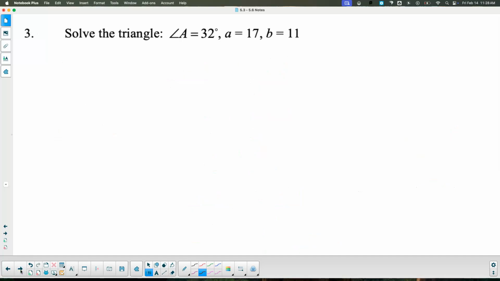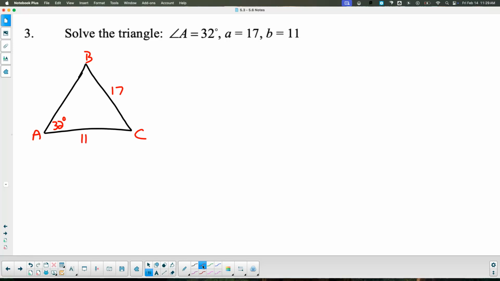Let's do this one together. So we've got angle A, angle B, and angle C. Side A is 17. Angle A is 32 degrees.